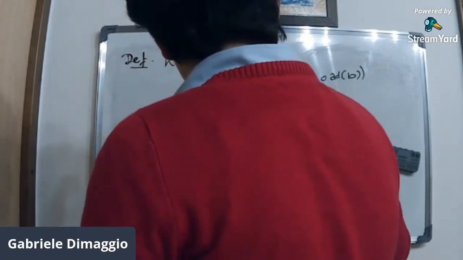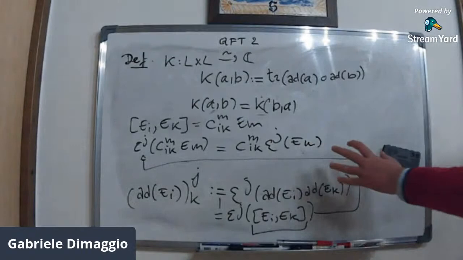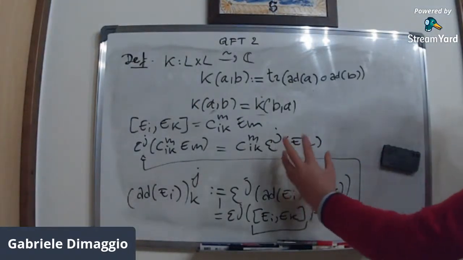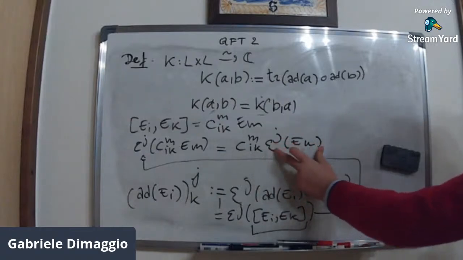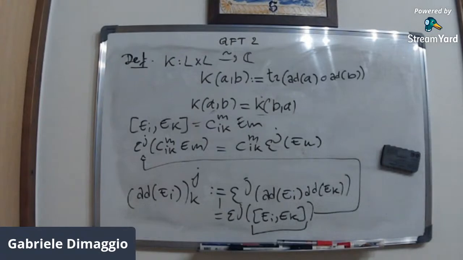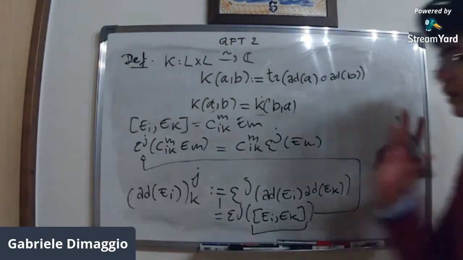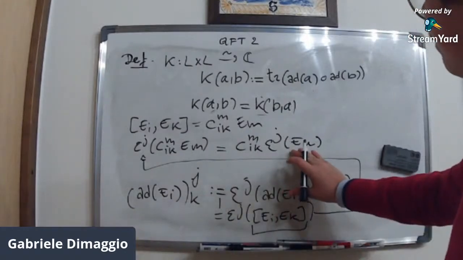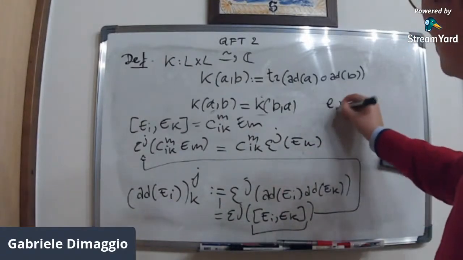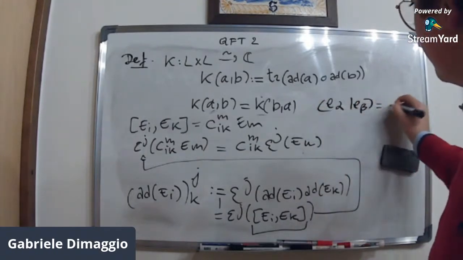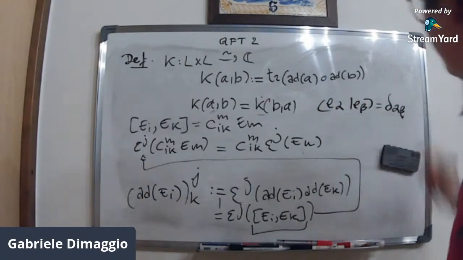Attention now, because I have a multiplication between two elements of a basis and a dual basis, and we know that the dual basis must be orthonormal to the principal basis, and so for two elements e_alpha and e^beta, I have that it is equal to delta alpha beta.